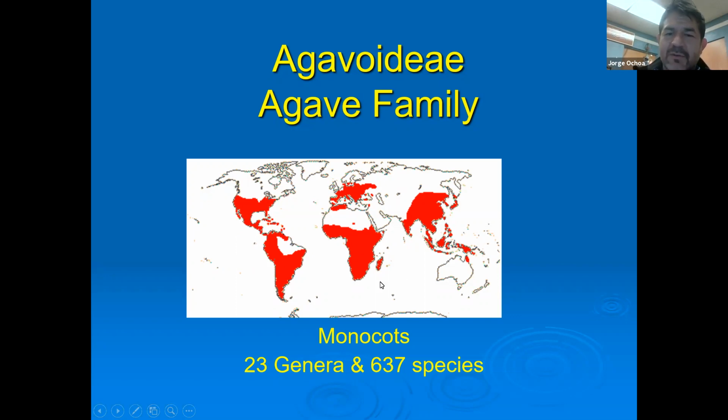The other members will be spread throughout the other areas. And so when we look at just this family, it's a monocot, so they're all going to be strap-like leaves, or palm-like leaves. We have 23 genera and about 637 species. So the subfamily is going to be a little bit small, which is good, because then you can definitely get to know the different members.